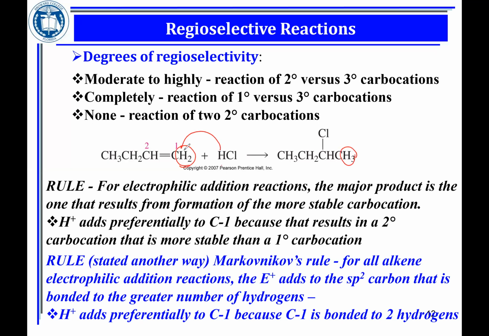So hydrogen goes to carbon 1, and the Cl goes to carbon 2, because carbon 2 has 1 hydrogen and carbon 1 has 2 hydrogen. It's known as the Markovnikov rule. For addition of HX to alkene, or addition of water to alkene, in addition reactions in general, if you get this as a major product, it's called the Markovnikov product.